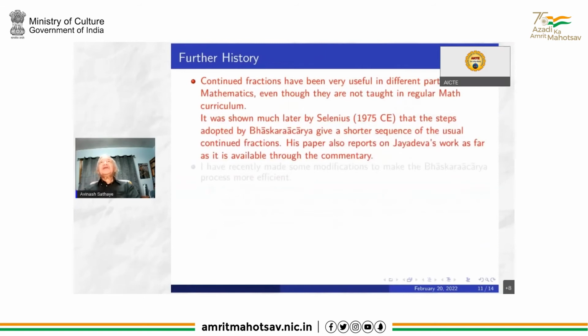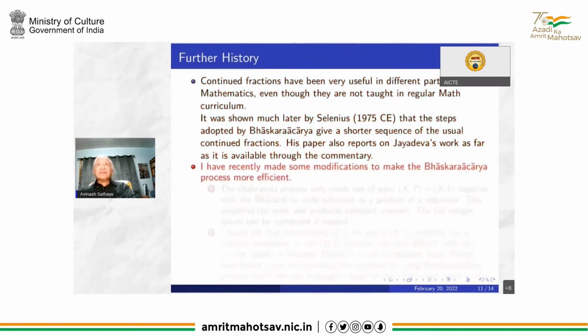Continued fractions have been very useful in different parts of mathematics, even though they are not taught in a regular mathematics curriculum. It was shown much later by Selenius in 1975 that the steps adopted by Bhaskaracharya give a shorter sequence than the usual continued fractions, and his paper also reports on Jayadeva's work as far as it is available through the commentary.